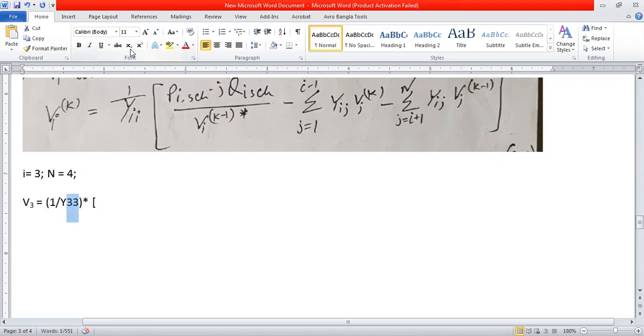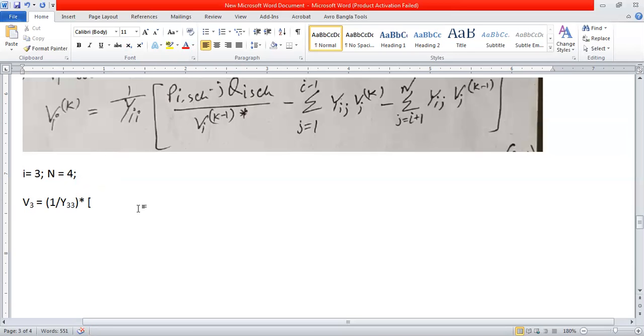Next is P minus jQ by V conjugate. Here i should be 3, because we calculate for bus 3.